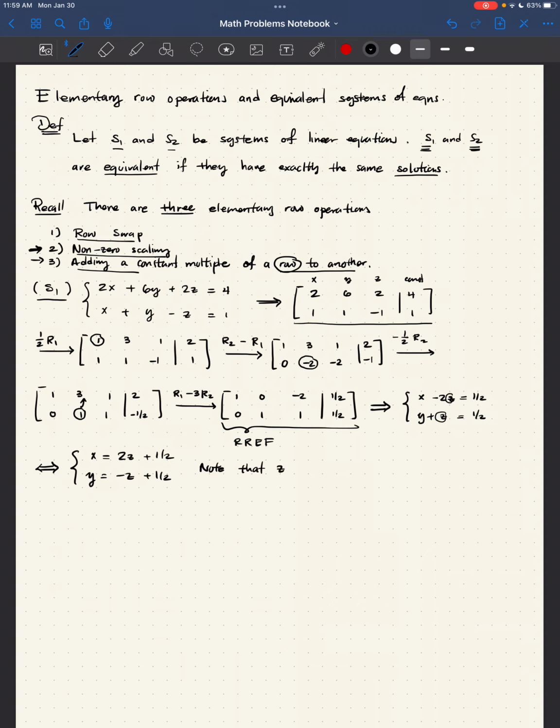And note that z is unconstrained. So we may use it as a parameter. So a parameter for what? Well, a parameter to indicate all solutions across this solution set.